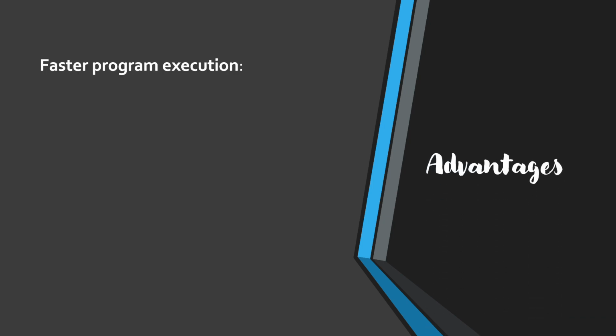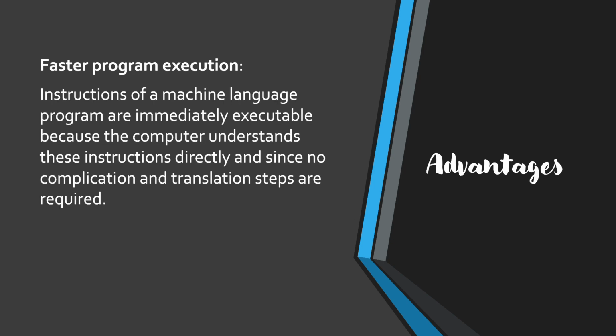First is faster program execution. Instructions of a machine language program are immediately executable because computer understands what? Zeros and ones. If we give in 0 and 1, computer understands these instructions directly, and since no compilation and translation steps are required.